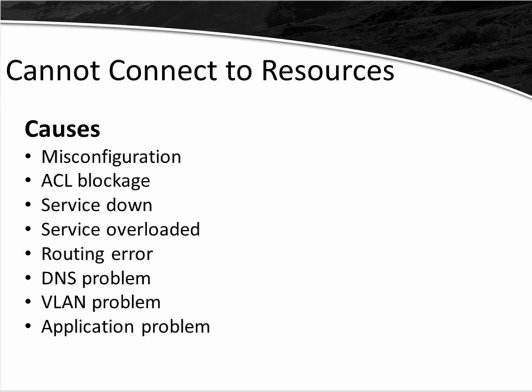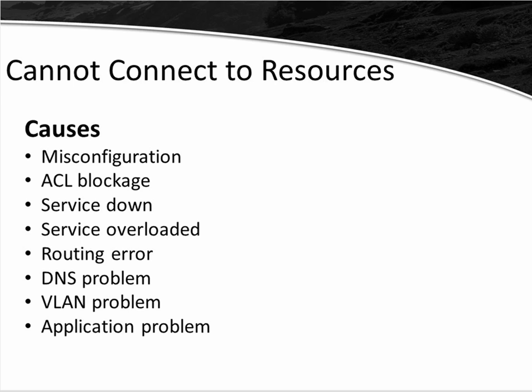Misconfiguration, so the client application may not be configured right, or the server may not be configured right. ACL blockage, so maybe you've implemented some new protocol and the ACLs in your routing infrastructure do not allow for it, so you have to go back in and reconfigure your ACLs. Service may be down on the server or the virtual machine or whatever it is, or the service is overloaded.